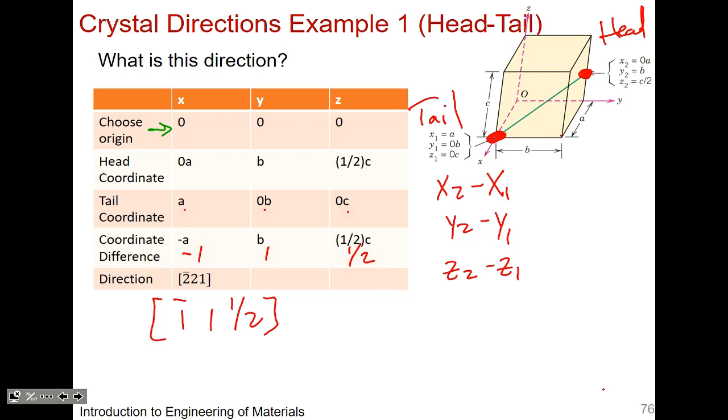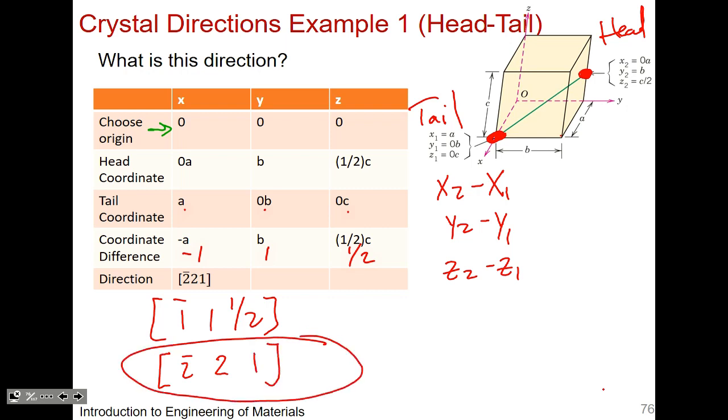So the easiest way to do that is just to multiply all the numbers by 2. And this is what you would write by convention to express the crystal direction of this arrow that you see, or this direction that you see pictorially. This is how you would denote that.